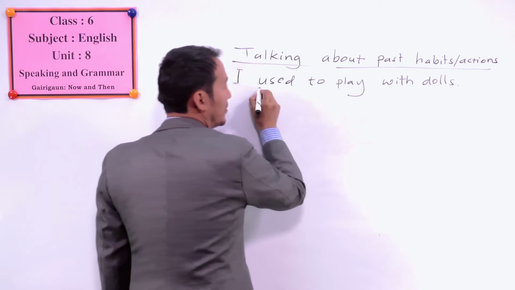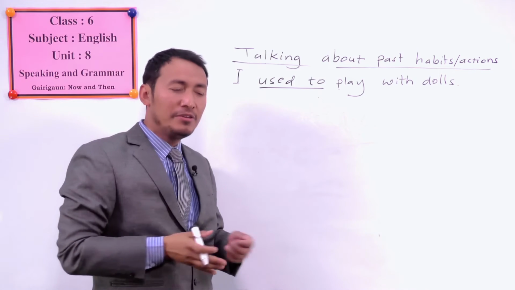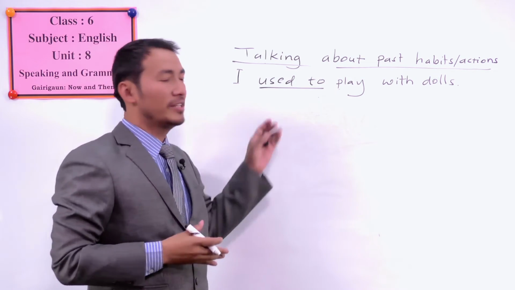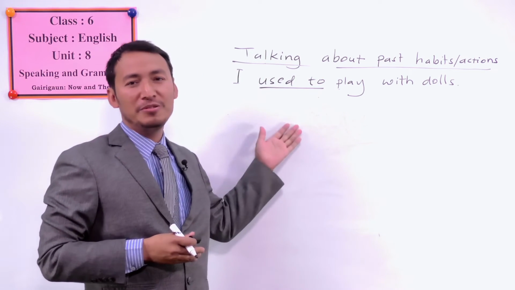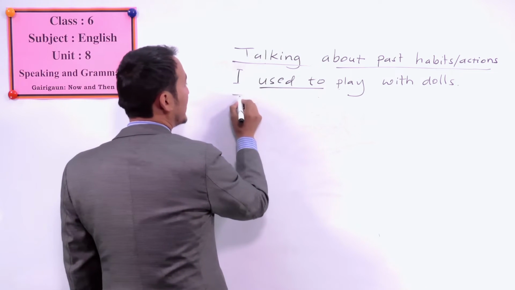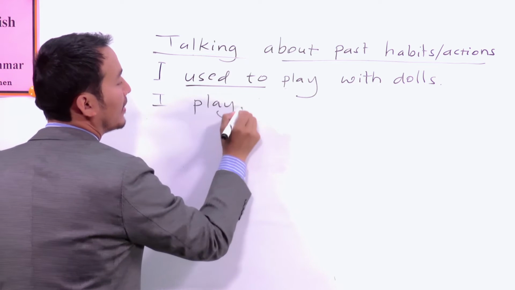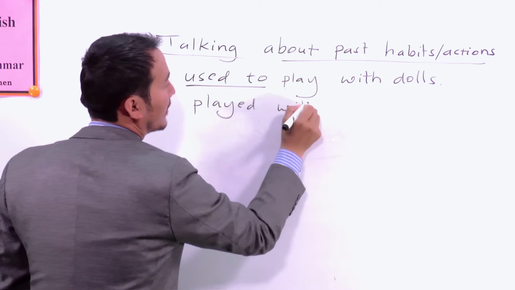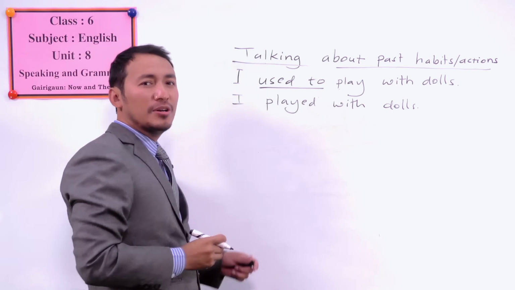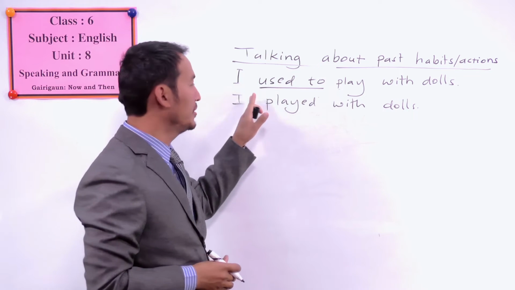Or there is also a simpler way. You must not always stick to this. You should not always use "used to". You have another way to talk about the past. You can simply say, I played with dolls as well. This is also okay if you feel it is difficult to use the previous one.